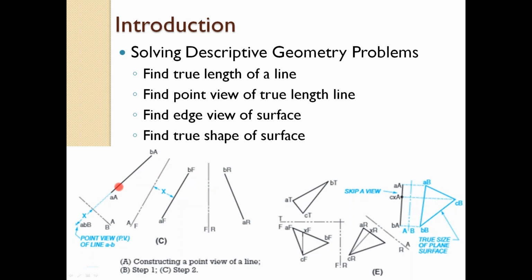Then you find the point view of the true length line, then find the edge view once you have the point, and then you can find the true shape of the surface. This is just an introduction to descriptive geometry, but we're going to go into more detail as we get further into this chapter.